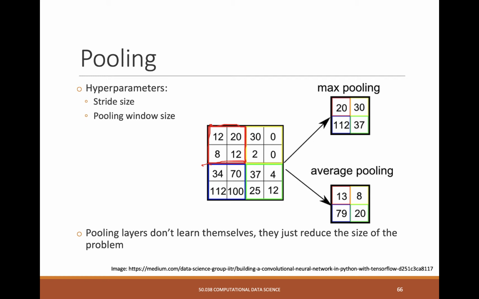Max pooling takes the maximum number, average pooling takes the average number, 13 here, 20 here. It's pretty standard. So there is nothing to learn, no weights to be trained. They only reduce the size by averaging or taking the maximum.